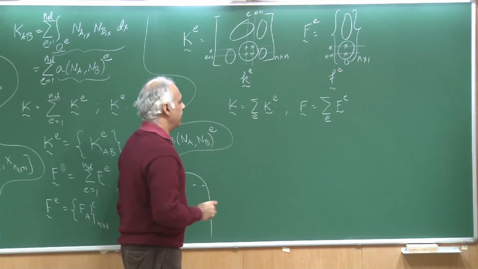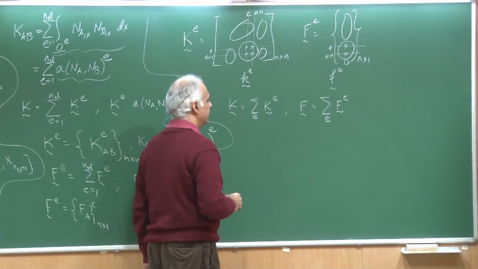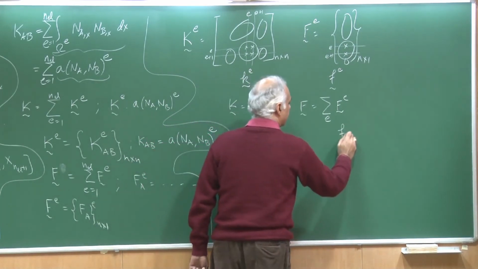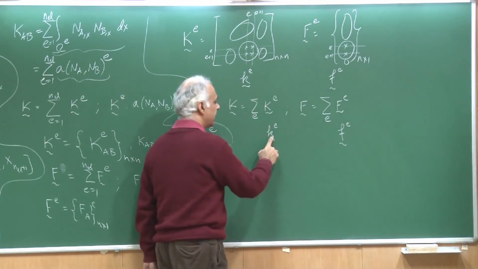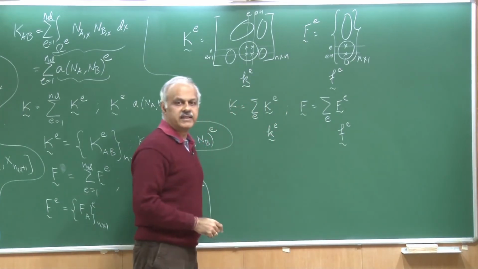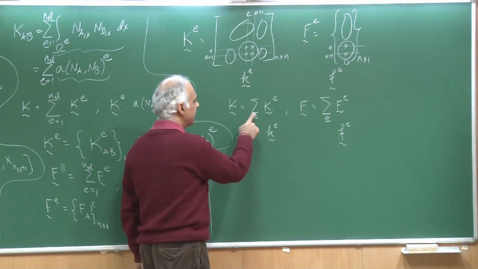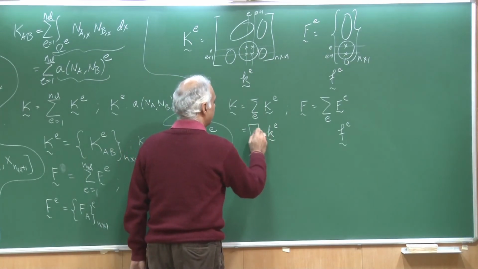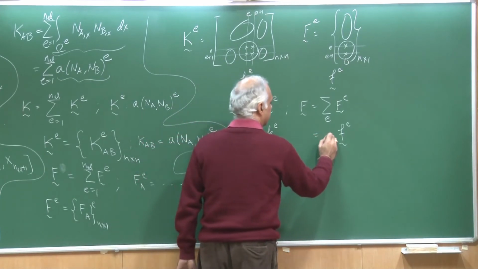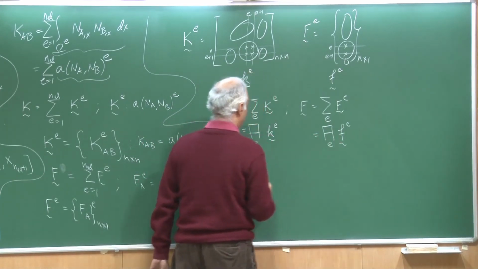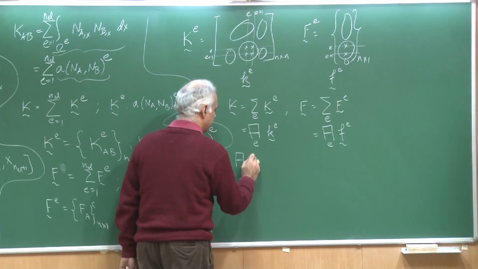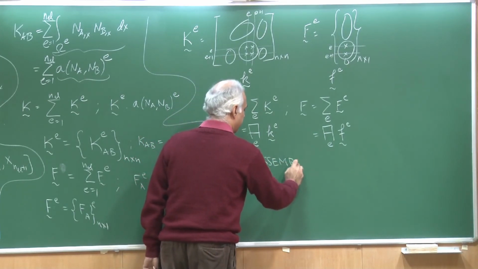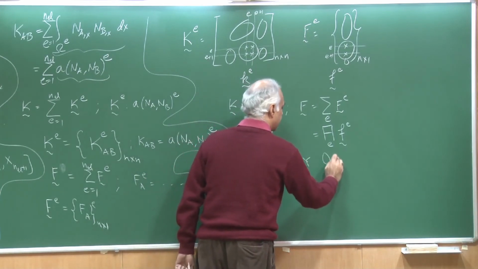But we do not want to store Ke, we want to store little ke, and we want to store little fe, which are 2 by 2 and 2 cross 1 vectors. And now you will see that this does not remain a summation anymore, and this would actually become the assembly operator. So, A is the assembly operator.